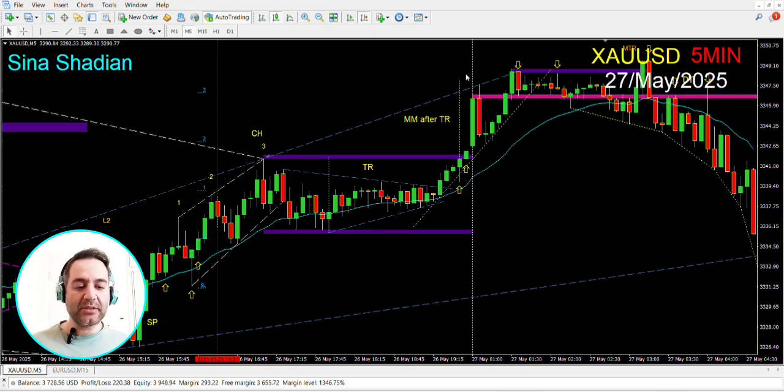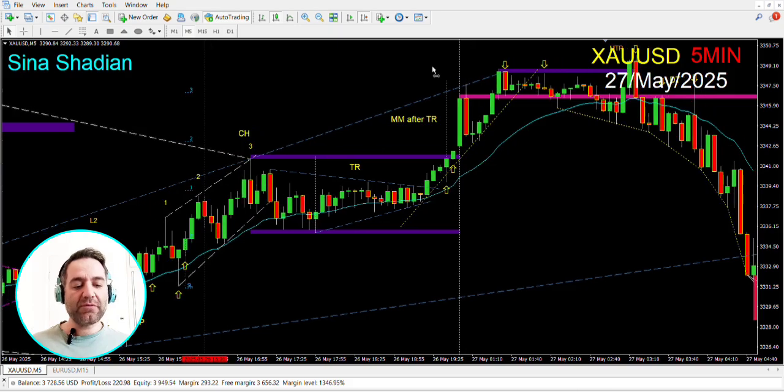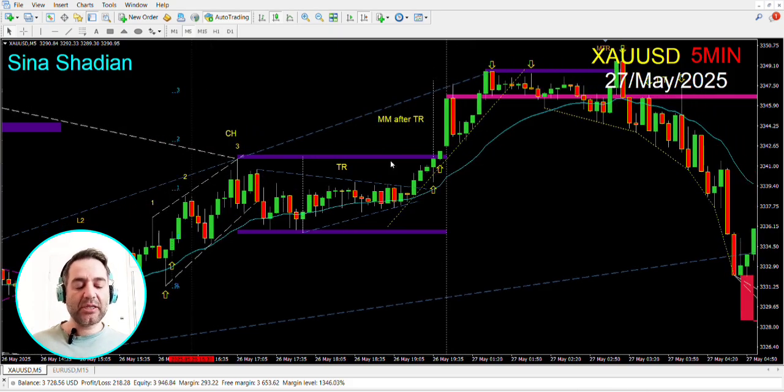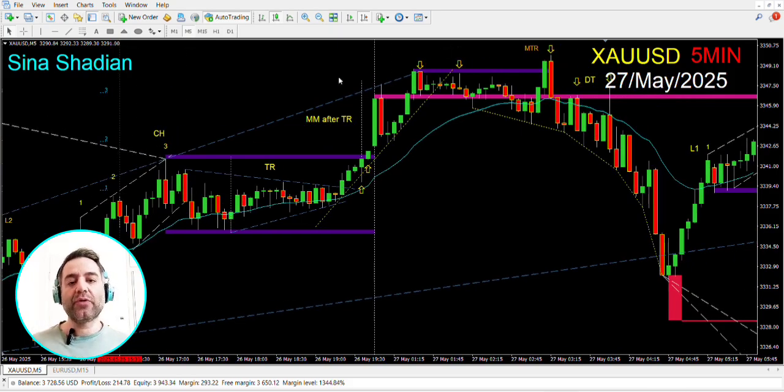When this happens after the trading range, I always wait to see whether this cycle ends here or not, and I always look for a major trend reversal, because this is what you should expect. After this target was hit, the market started creating another trading range. And if you see, based on the 3 touches, this small trading range breaks from the upside.